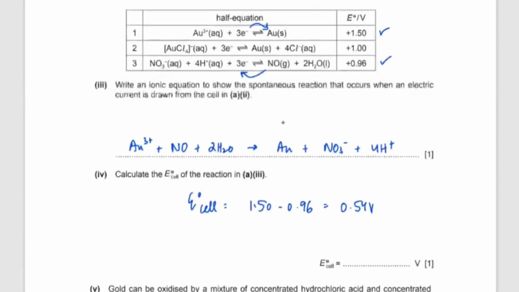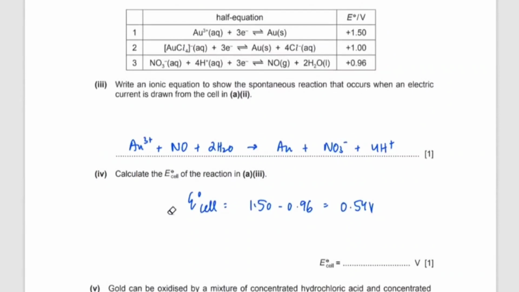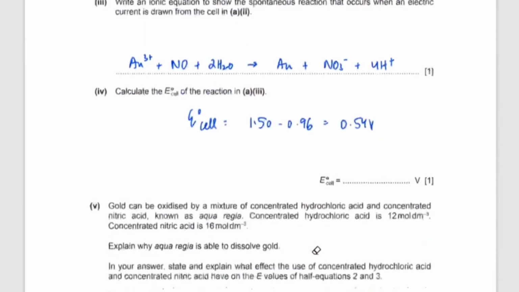So now I'm going to rub this off. Now the next part, the one written at the bottom, is saying that gold can be oxidized by a mixture of hydrochloric acid and concentrated nitric acid, known as aqua regia. The concentration of hydrochloric acid is 12 mole per dm cube, and of nitric acid it's 16 mole per dm cube.